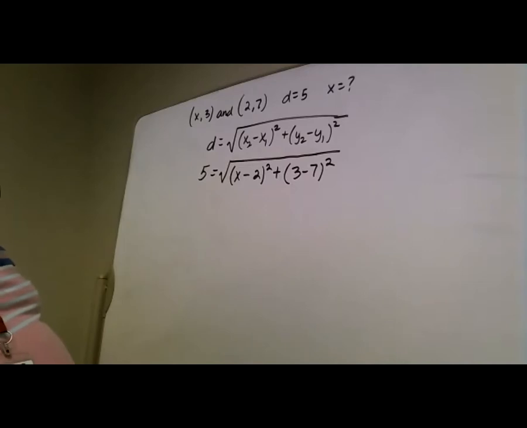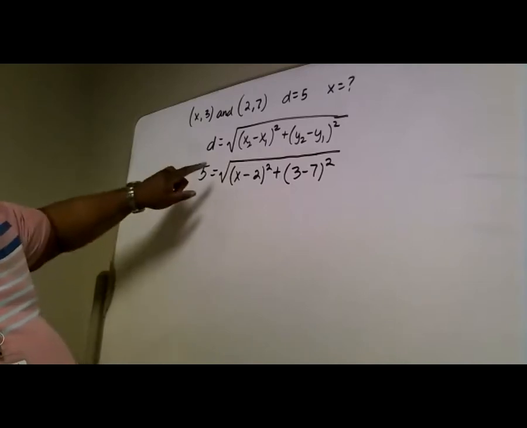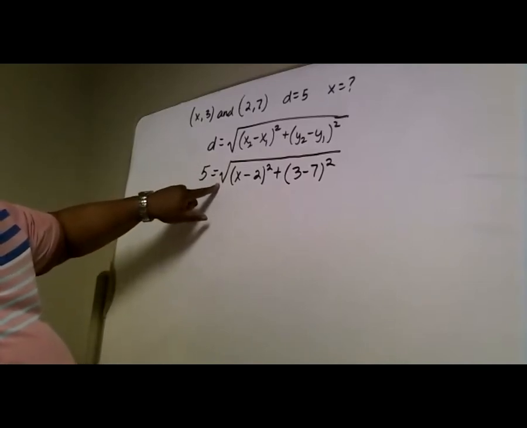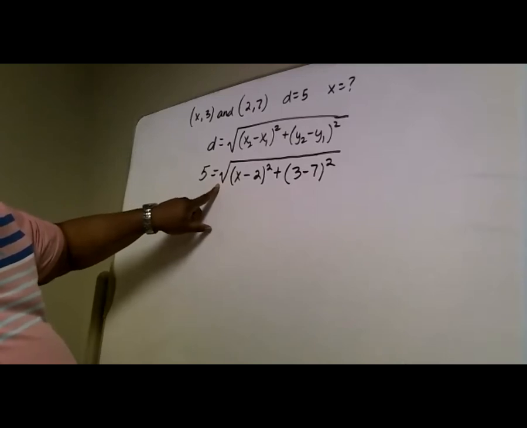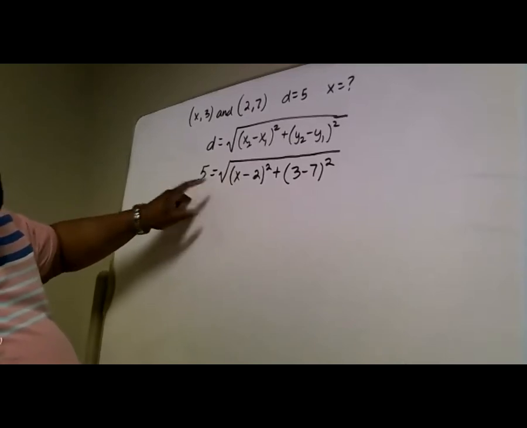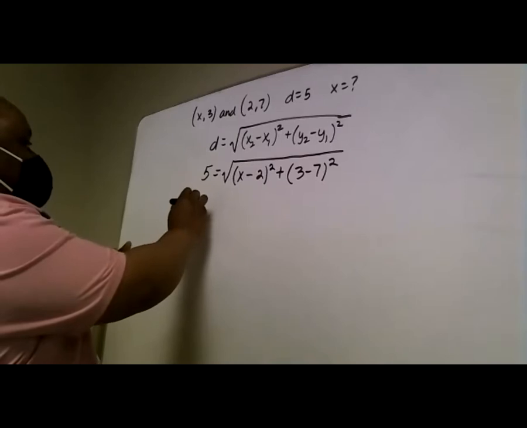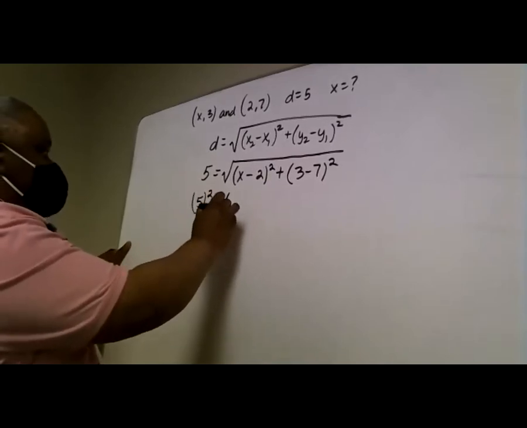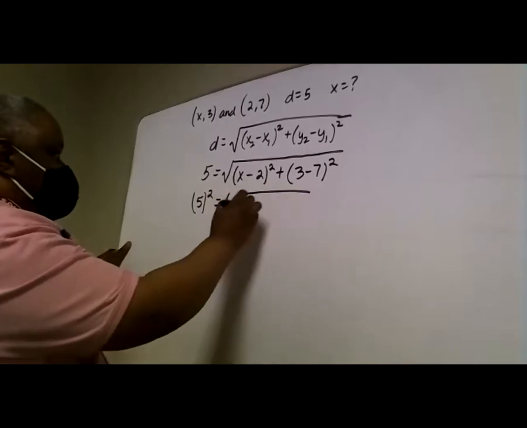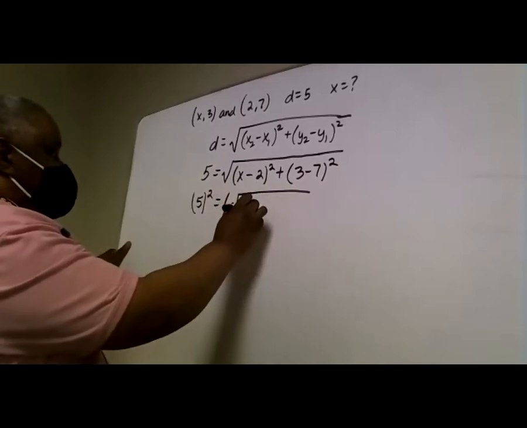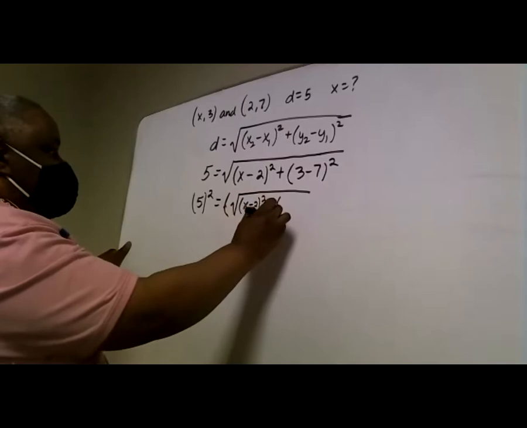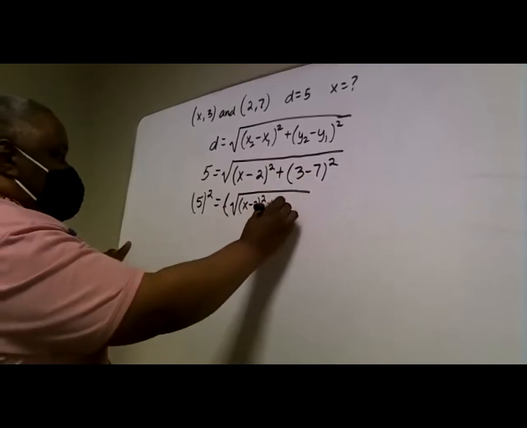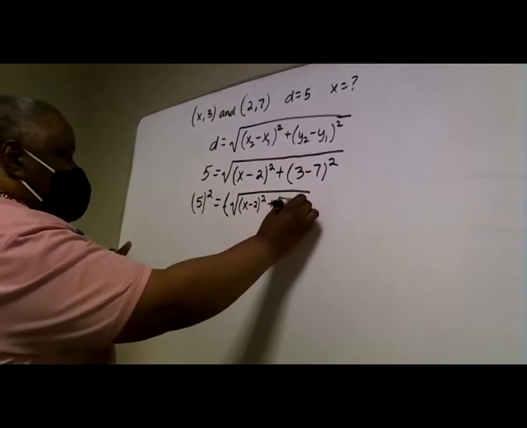Okay, let's start this problem off by getting rid of this big radical here, the square root. The opposite of the square root would be to take the square on both sides of this equation. And by the way, 3 minus 7 is -4, and that's squared.